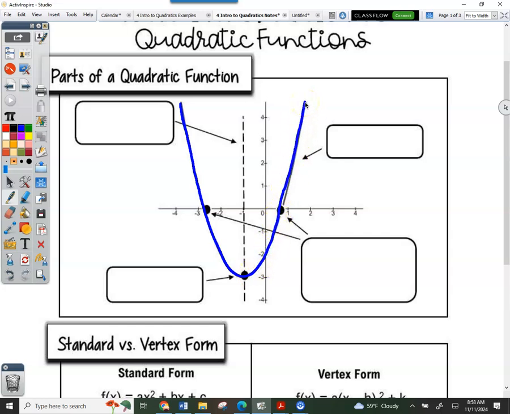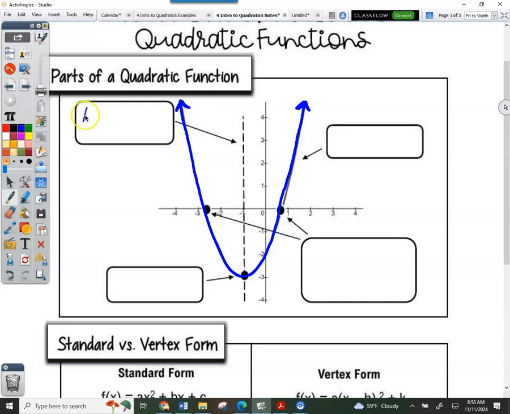Okay, first of all, I would like you to put arrows on the end because it does continue on. And then now what we're going to do is look at the different parts. Do you notice a dotted line right down the middle? You see the dotted line?